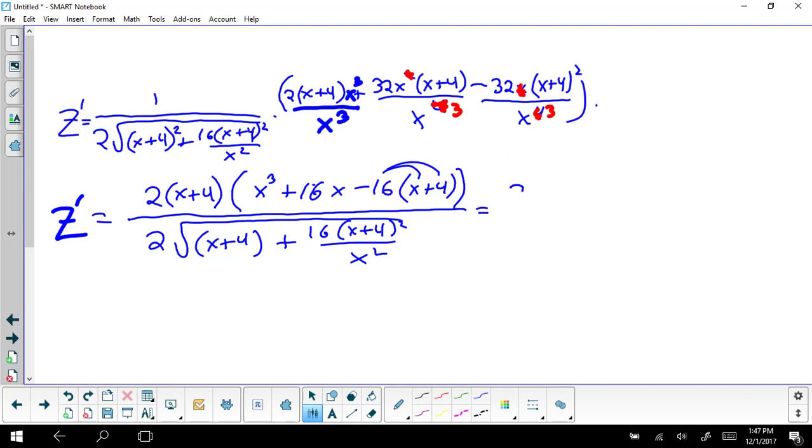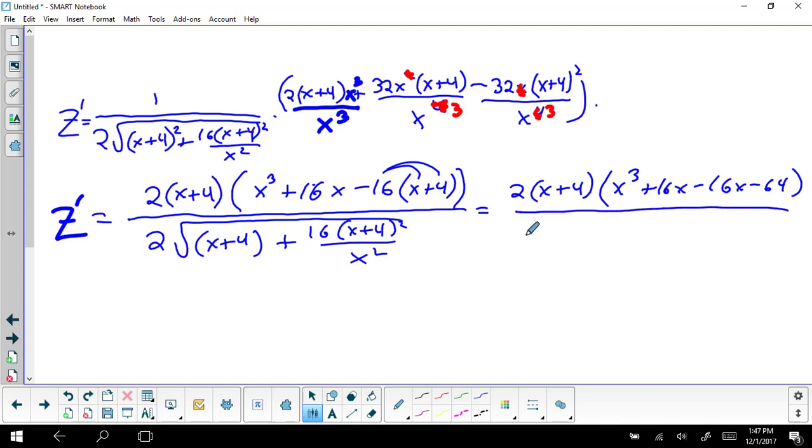So now I've got 2 x plus 4 times x cubed plus 16x minus 16x minus 64, all over 2 square root of x plus 4 squared plus 16 x plus 4 squared, all over x squared.